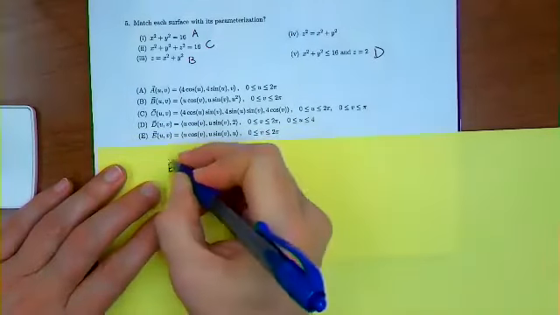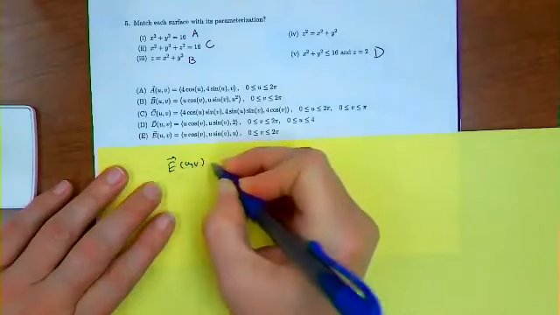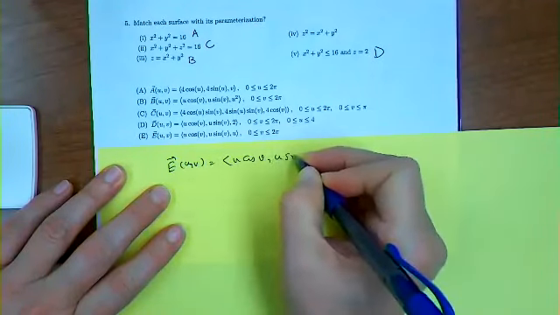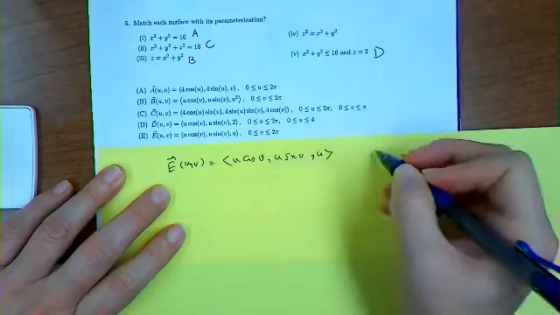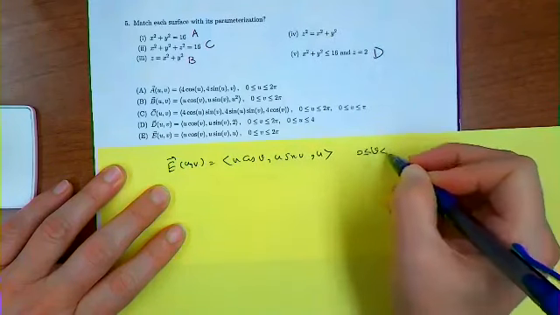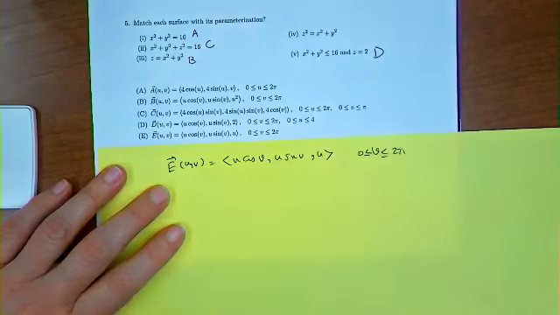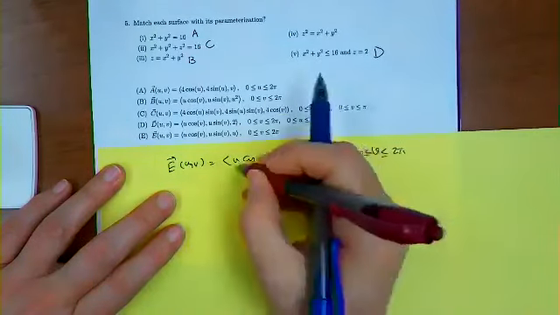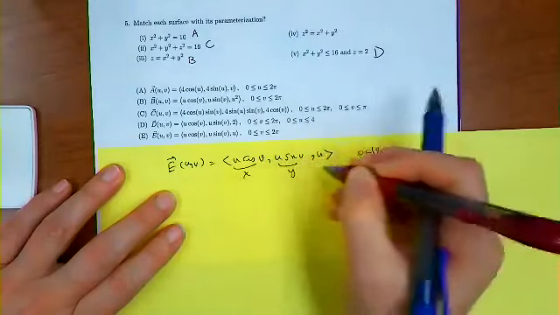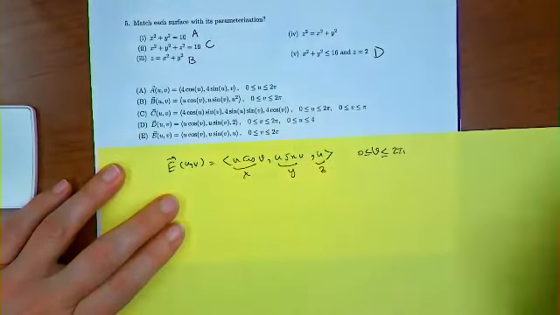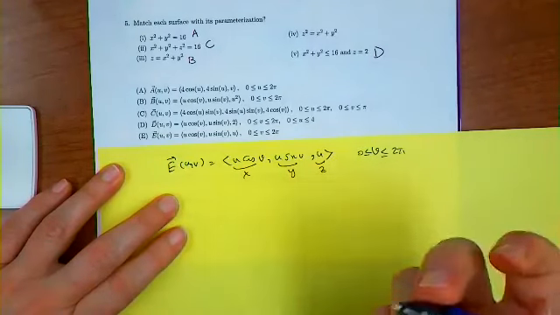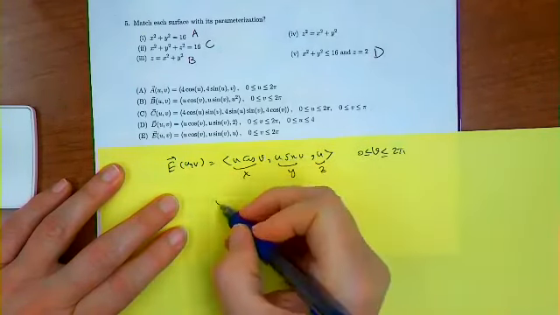Now the last one, E of u and v, u cosine v, u sine v, and u. V is between 0 and 2 pi. In this case, again, I see the same pattern.